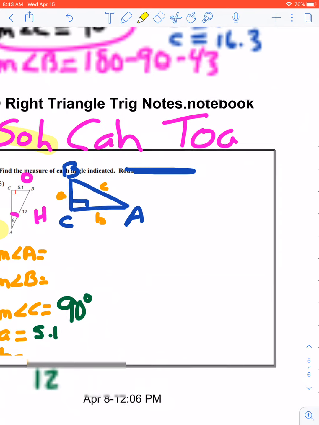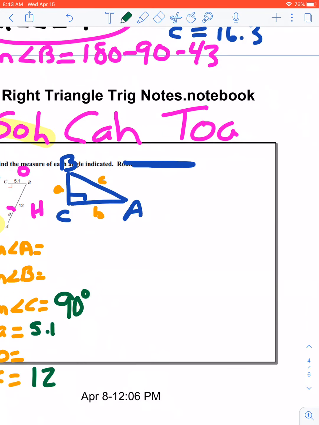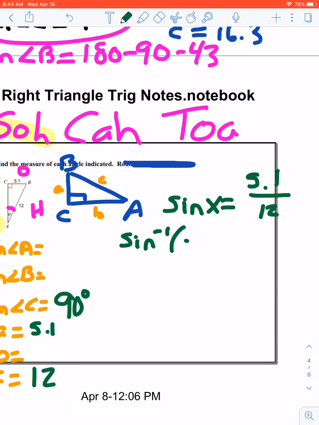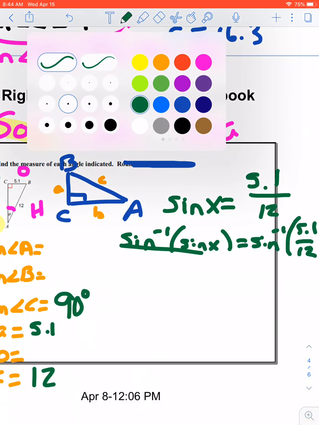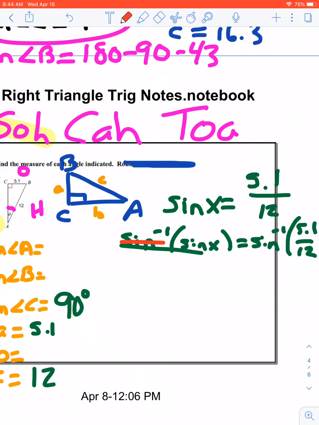So what I'm going to do is figure out what that is. I'm going to do sine of x equals opposite over hypotenuse. Again, to get rid of the sine, I'm going to multiply everything by the sine inverse. These are going to cancel, so they're always going to cancel.